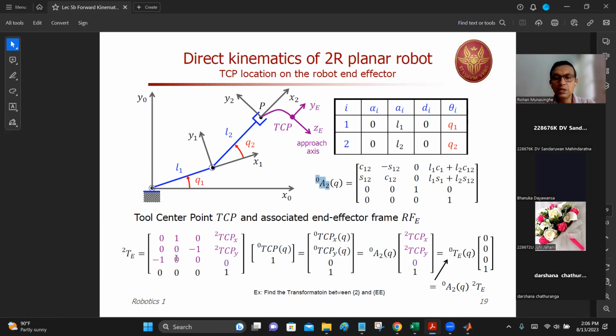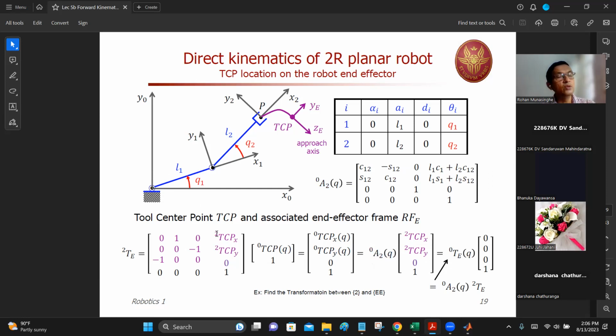Now, if you combine all these things, 0A1 multiplied by 2TE, they're all 4 by 4 matrices, and you can actually get 0A2E. This is the position with respect to 0 of the tool center point, okay?